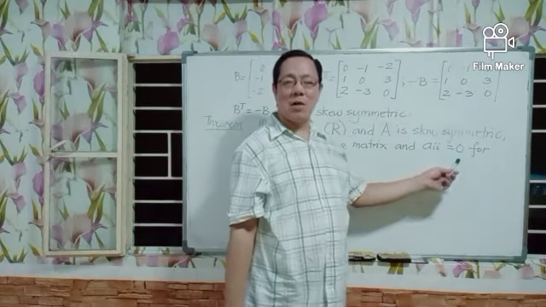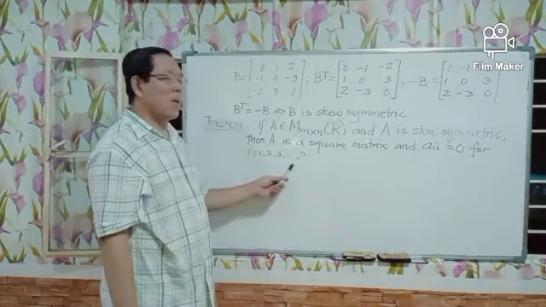The diagonal entries are 0 for i equals 1 to n.